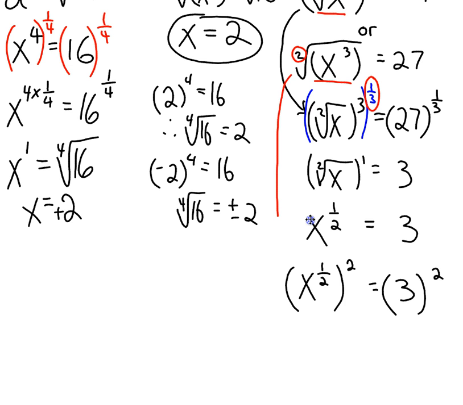It's that we know that the power of a power law is multiplying the exponents, and we know that a number times its reciprocal is 1. And so a half multiplied by 2 is 1. So no one is going to dispute that we have actually isolated x. We have solved for x. We've produced an exponent of 1 on our variable. 3 squared is 9, so that would be our answer there.